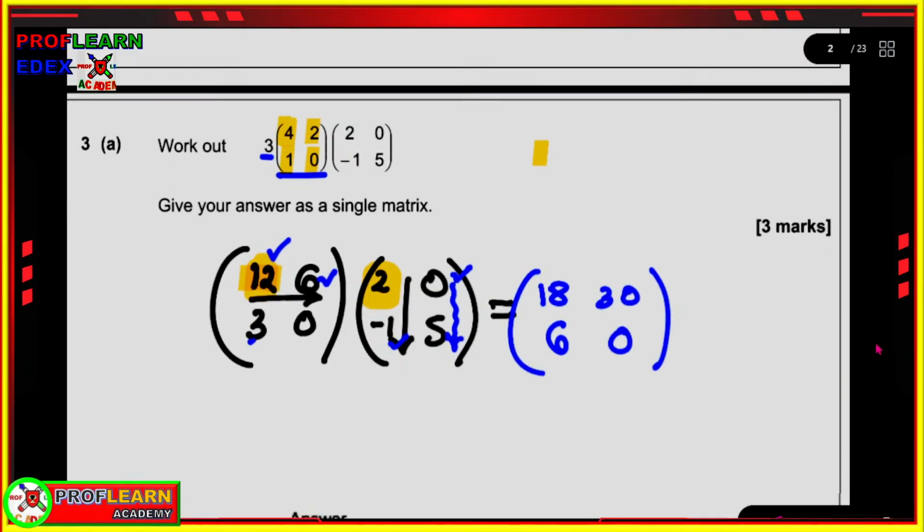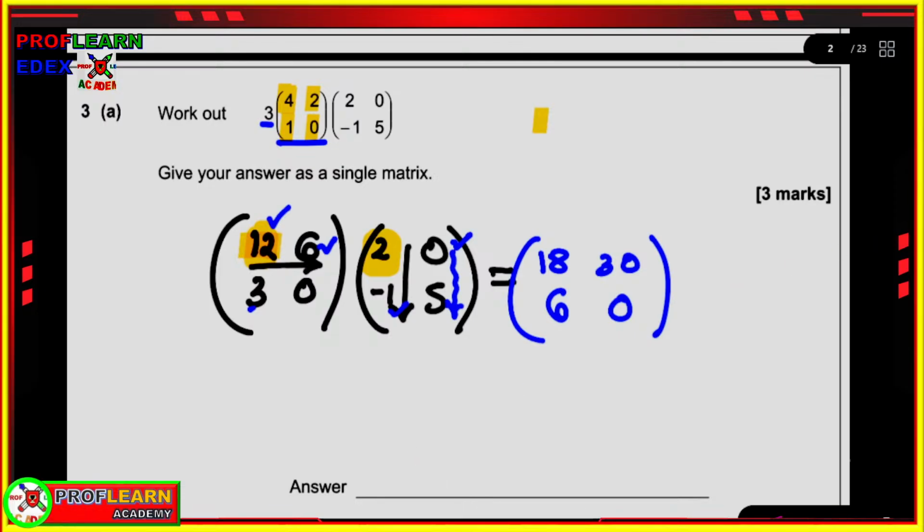So basically that's what we are going to get as our answer, and we shall say our answer becomes 18, 6, 3, 0, 0, and that becomes our final answer in that case.